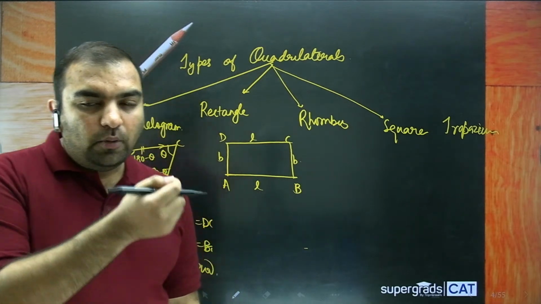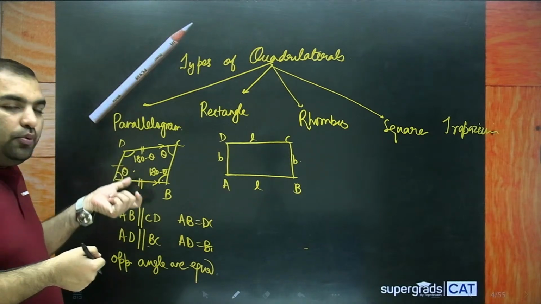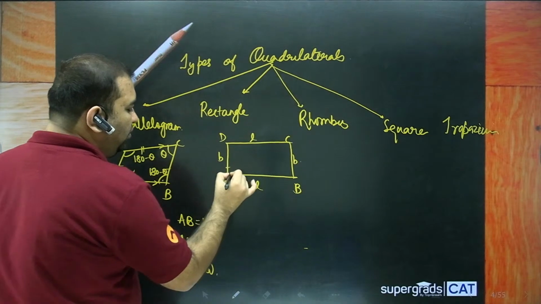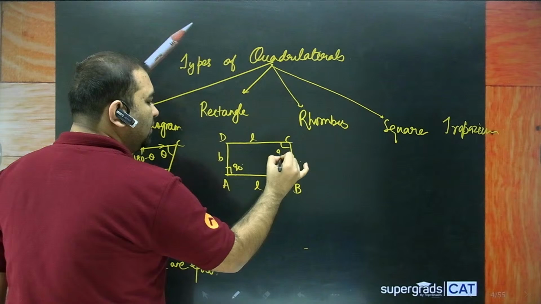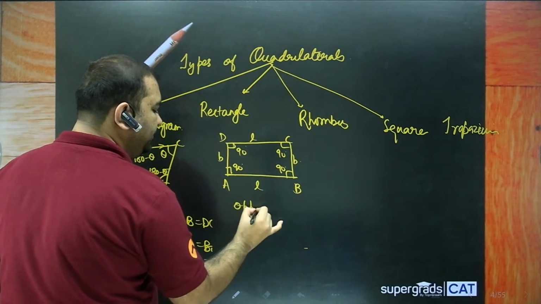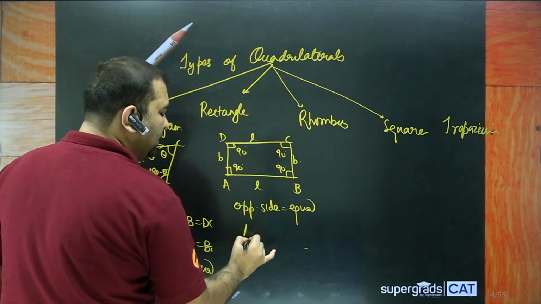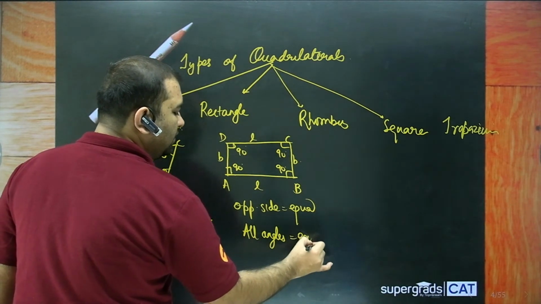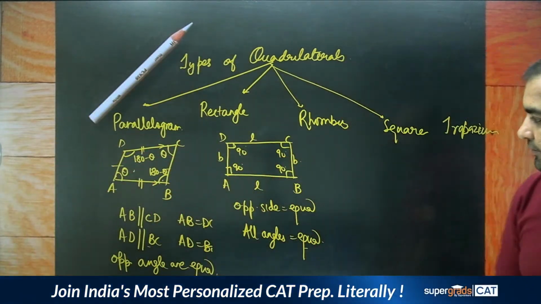The update from parallelogram to rectangle is that in a parallelogram only the opposite angles were equal, but here all four angles are equal, and each of them is equal to 90 degrees. So opposite sides are equal and all angles are equal.